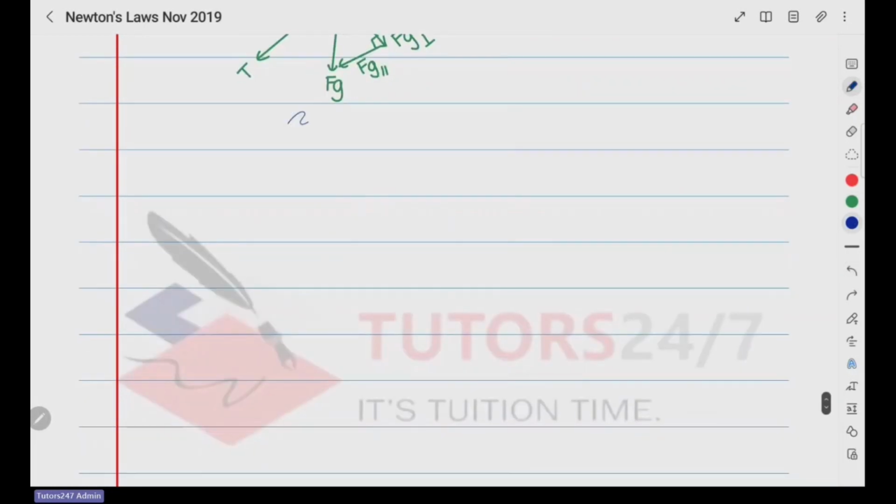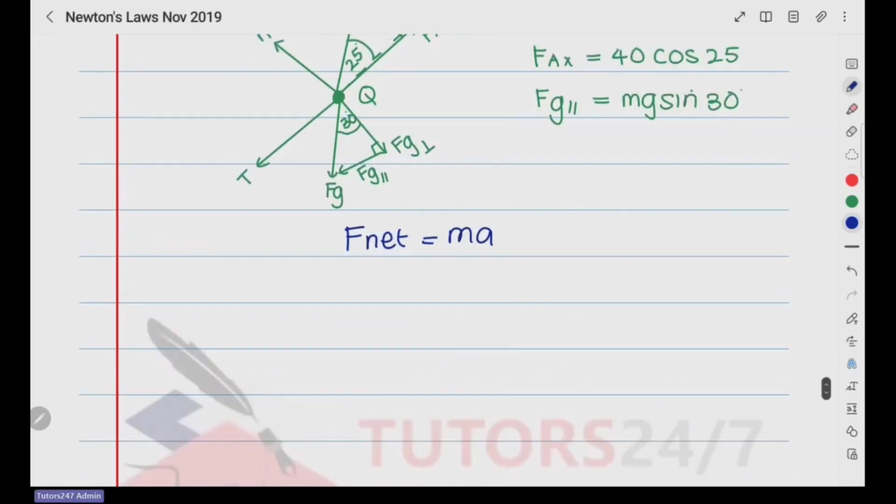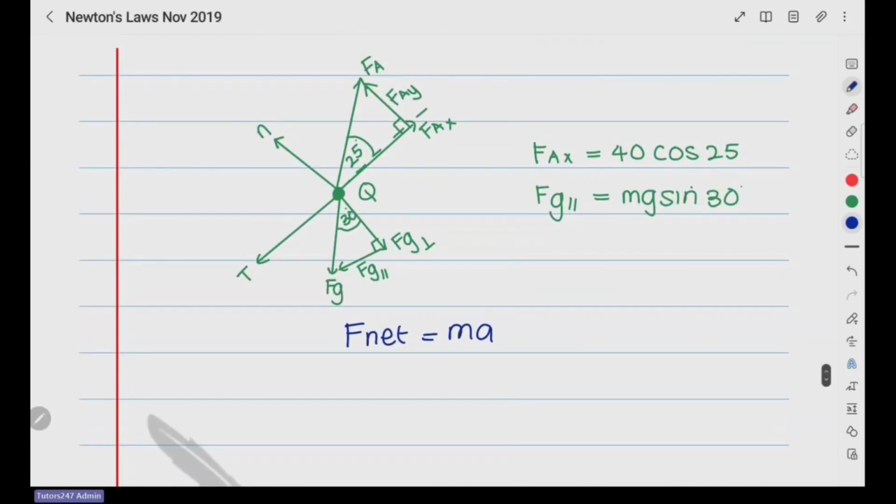Then we break it up into F net. From here, what am I going to break F net up into?